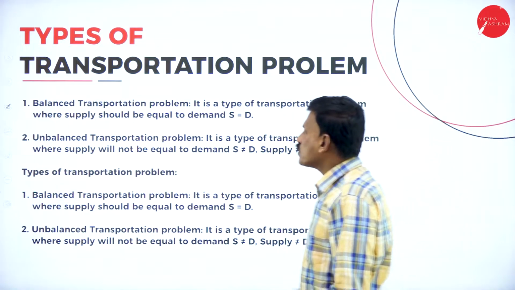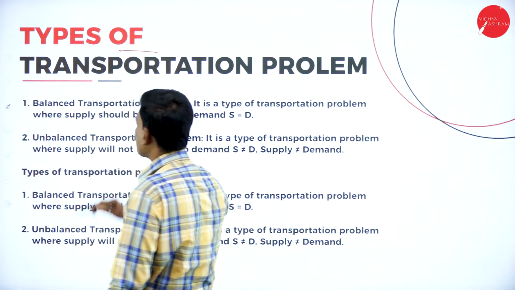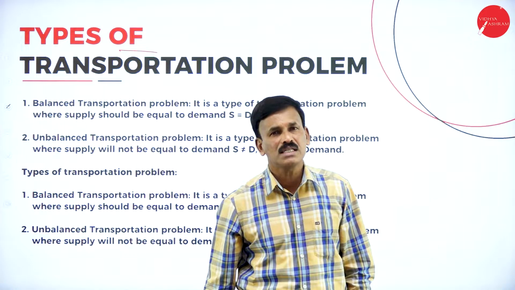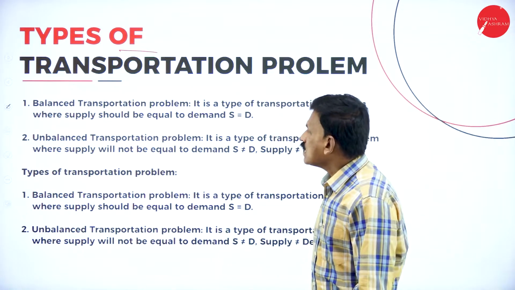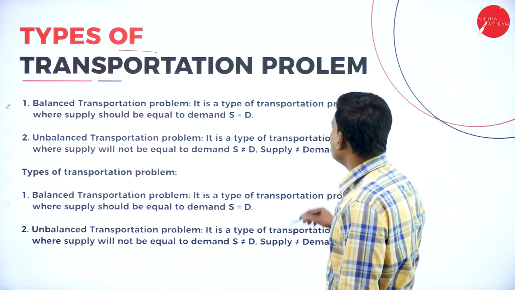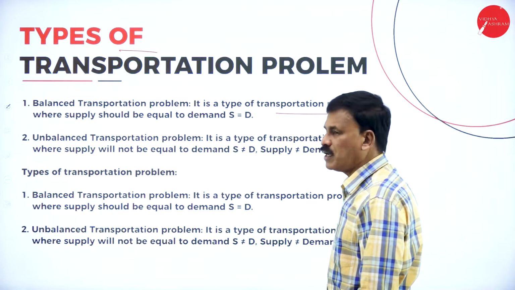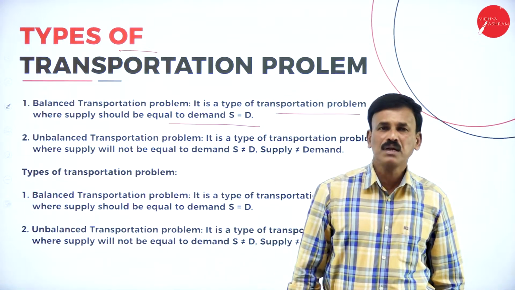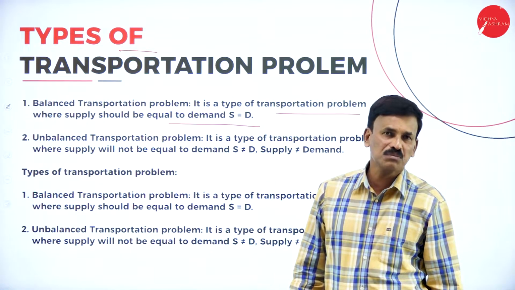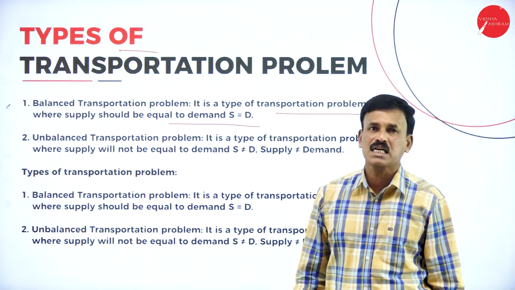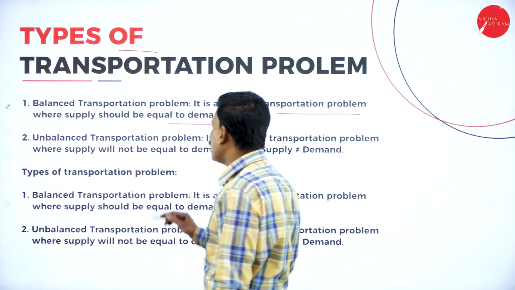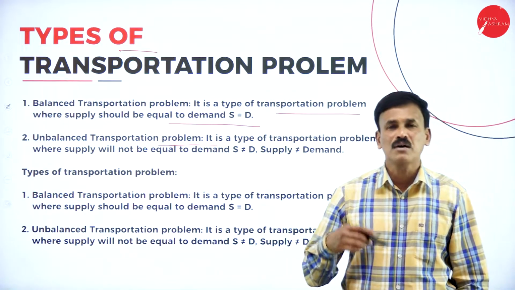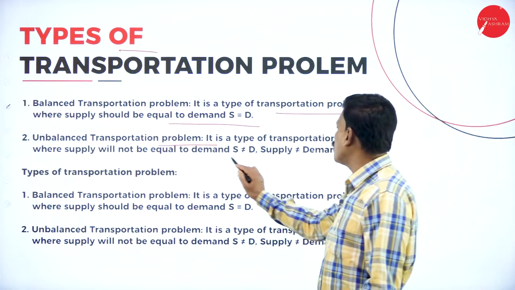Now, the types of transportation: there are two types here. One is the balanced transportation, another one is the unbalanced transportation. The balanced transportation problem is a type of transportation problem where the supply should be equal to the demand. On the other hand, an unbalanced transportation problem is a type of transportation problem where the supply is not equal to the demand.